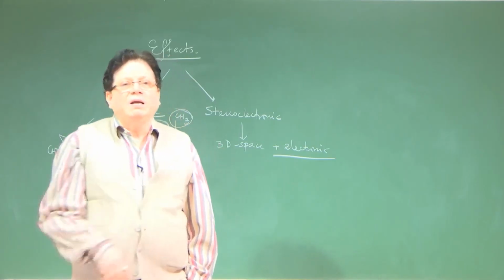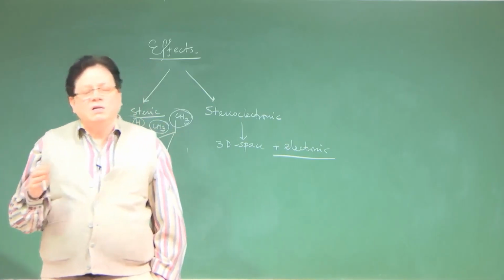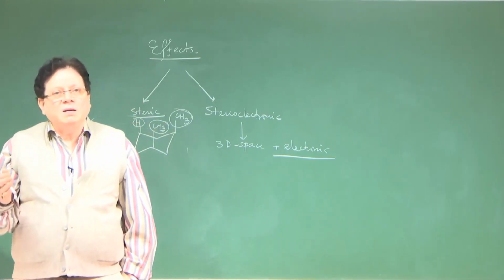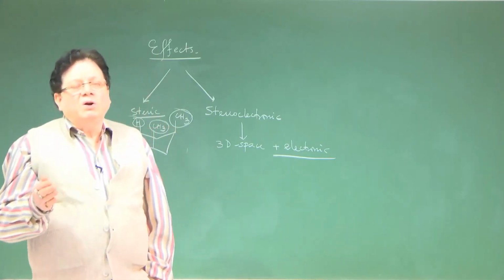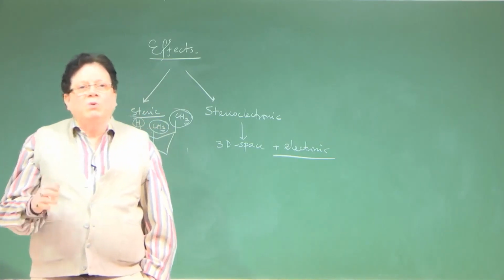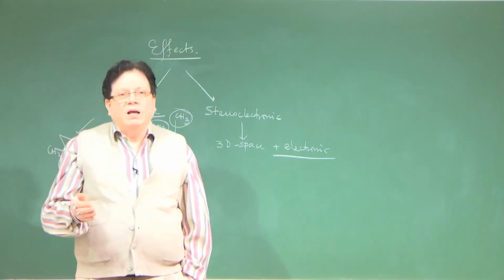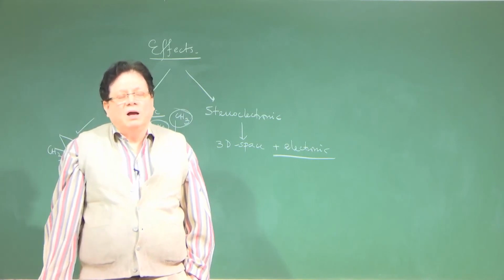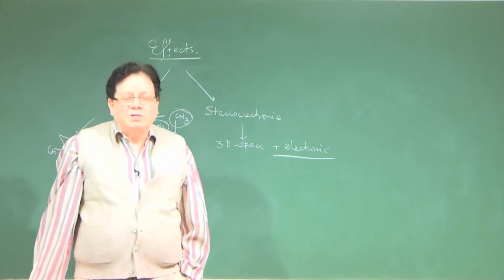Like in the case of steric effect, the molecule tries to adopt a conformation where the steric effect is minimum and gains stability by doing that. Similarly, if there is electron-electron repulsion, the molecule will change into another conformation in such a way that this repulsion is minimized, to gain stability.